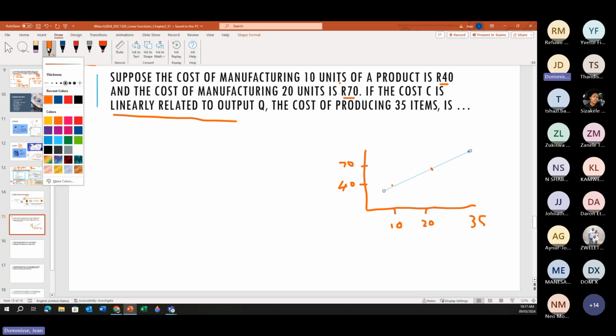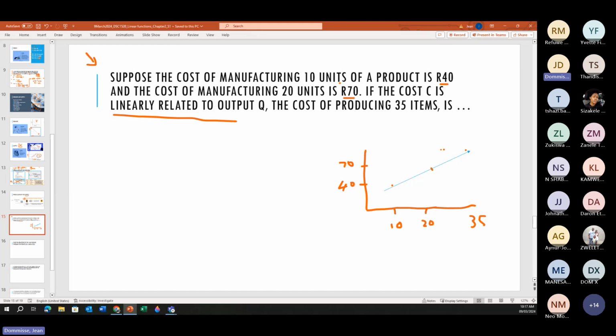If you had a piece of paper and you drew this with 10 equal to 1 centimeter, you would probably be able to get to what that value is.